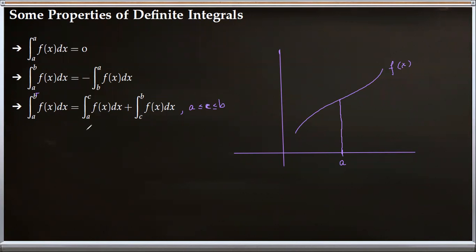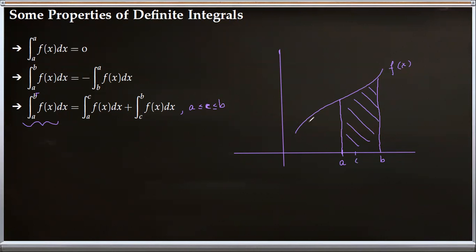And then you can write this as two integrals, one from a to c and another one from c to b. So what this is saying is if you have a over here and b somewhere over here, this integral gives you the total area from a to b. So we can split this into two areas by considering any number c between a and b.